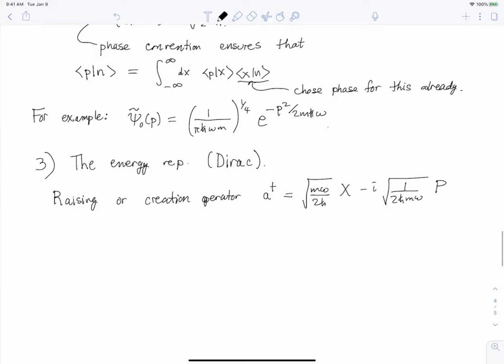And then if you take the Hermitian conjugate of that, you get the lowering or annihilation or destruction operator, which is just the Hermitian conjugate. Everything in the square root here is just real numbers, so nothing happens to that. X is a Hermitian operator, so nothing happens to that. Minus i becomes plus i, because we take the complex conjugate.